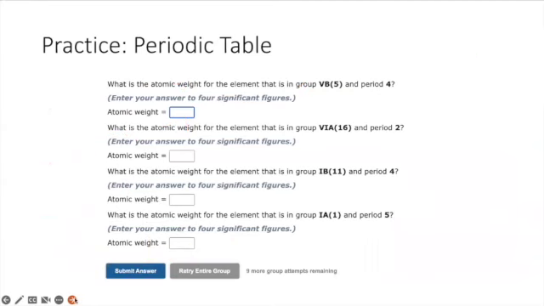So finally, this is an OWL question, specifically 16. And this question is asking us to look at the periodic table and look in group VB or group 5 and period 4, and we're going to find the element V. I don't know what V stands for.